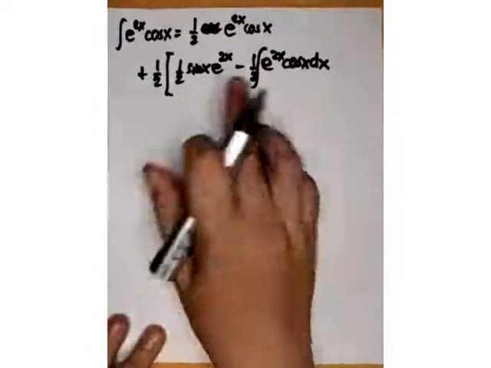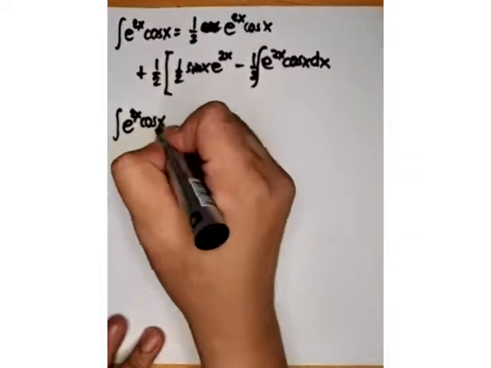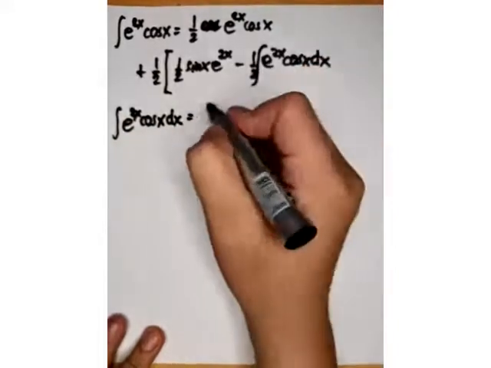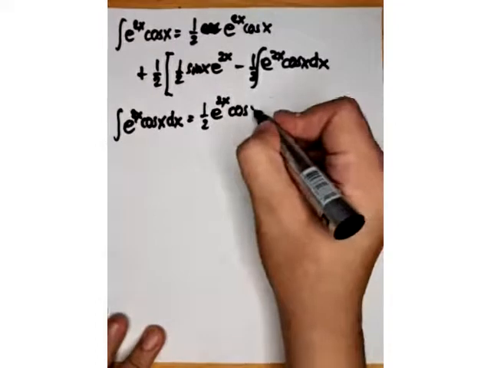Ayan. So, simplify na natin. So, the integral of e raised to 2x cosine x dx is equal to 1/2 e raised to 2x cosine x.